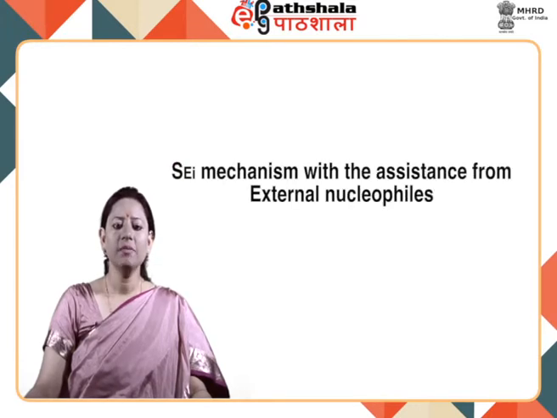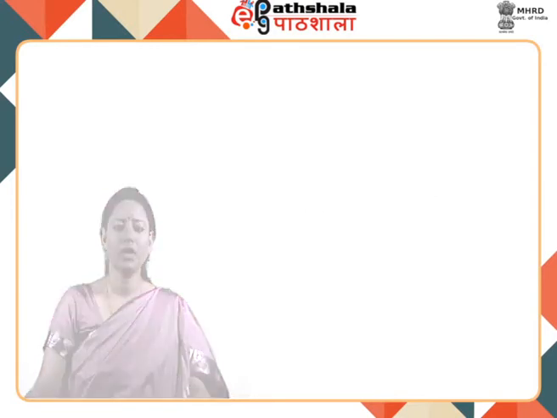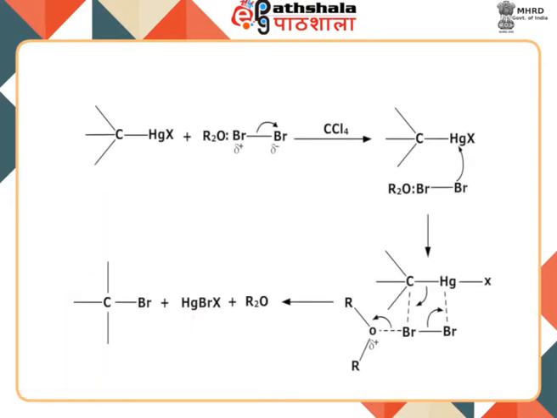Next is the SEi mechanism with assistance from external nucleophiles. The complexes of bromine with ethers, R2O-Br2, were found to be more effective reagents in SEi reactions with organomercury compounds than free bromine. This is because in the complex R2O-Br2, the electron density at one of the bromine atoms is higher than on the other bromine atom in the Br2 molecule.